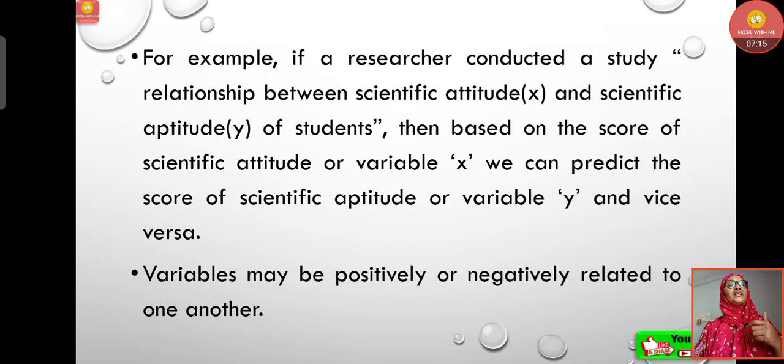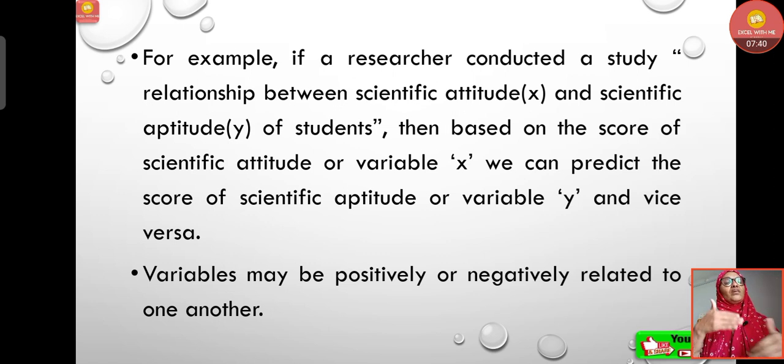For example, if a researcher conducts a study on the relationship between scientific attitude and scientific aptitude of students, then based on the score of scientific attitude, or variable X, we can predict the score of scientific aptitude, or variable Y, and vice versa. So, these variables may be positively or negatively related to one another.